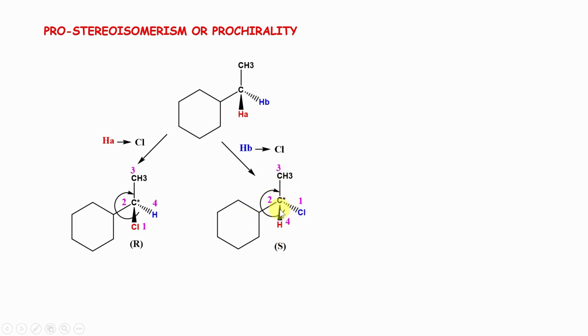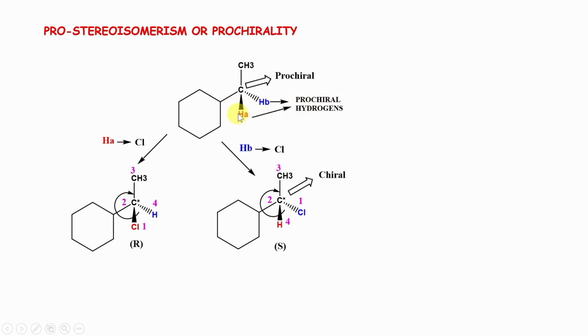It has S configuration. Both are enantiomers, and hence, as we discussed earlier, these two hydrogens are enantiotopic. But see, a new chiral center is created from the achiral carbon atom, and so this achiral carbon atom in this molecule is prochiral, and these hydrogen atoms are prochiral hydrogen atoms.